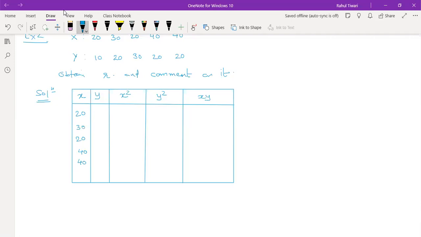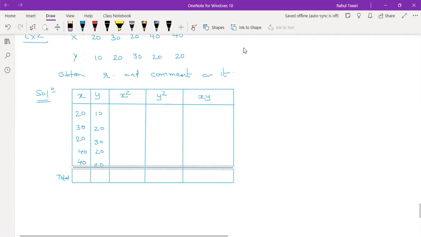Here we have a total because we want addition. And here we have 10, 20, 30, 20, 20. So just do the addition of all of this and let me know what the sum is.